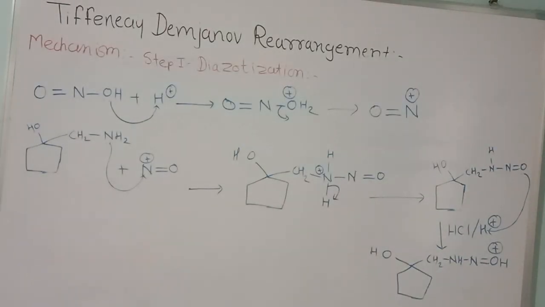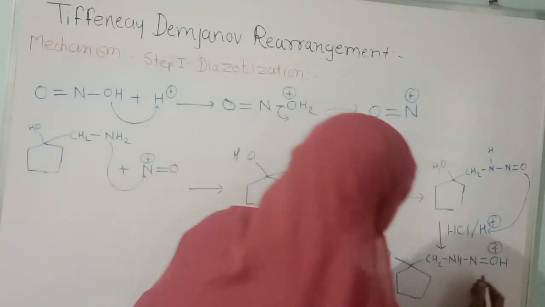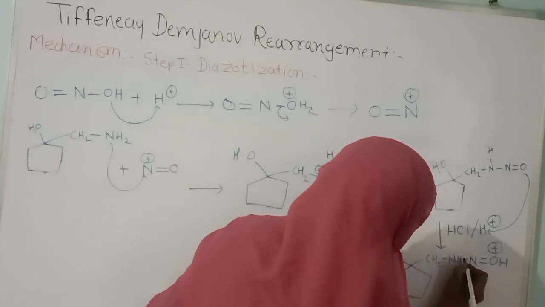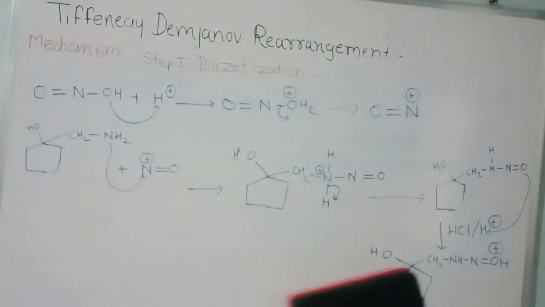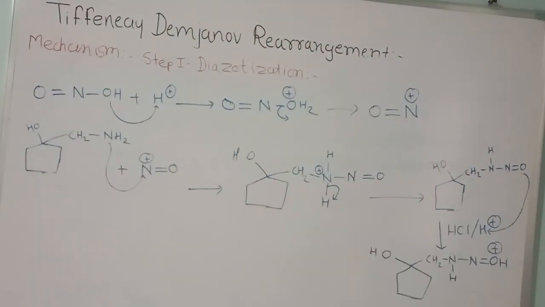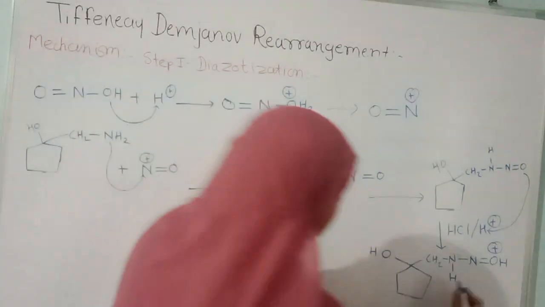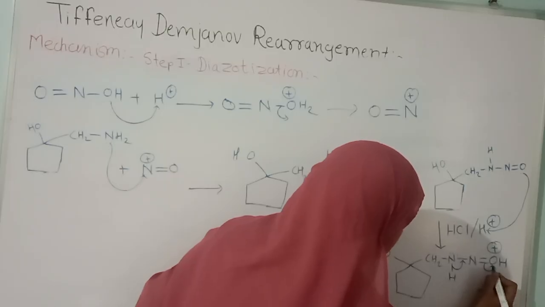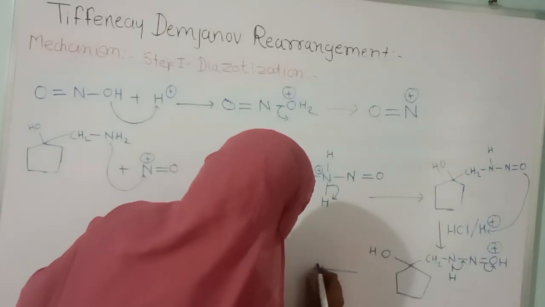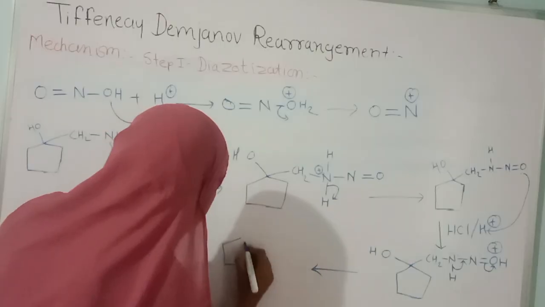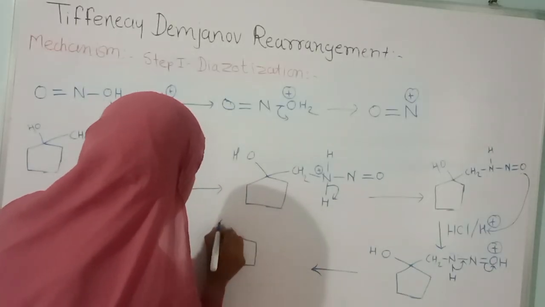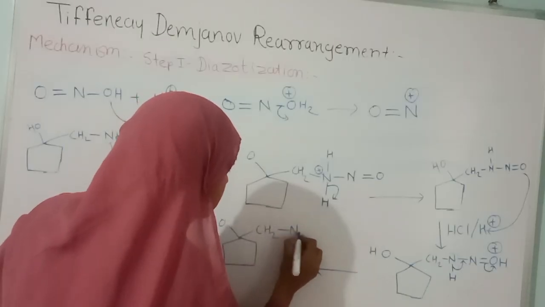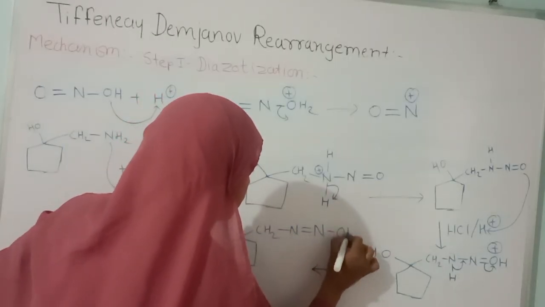Then this positive charge will be neutralized as this bond breaks, by formation of a nitrogen double bond, and this nitrogen oxygen double bond will break. Then the next moiety of the molecule is OH CH2 N double bond N OH.